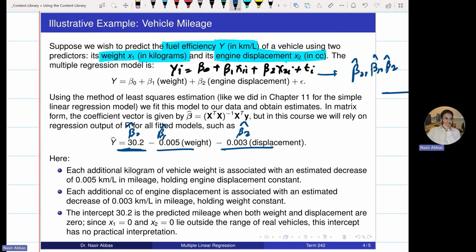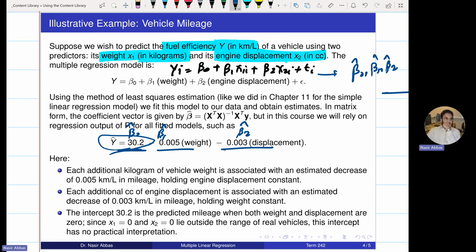What about the intercept? About the intercept, 30.2 is the predicted value of y when weight and displacement are 0. Can you have a car which has a 0 weight? So what will you say about this quantity 30.2? It has no meaning, no interpretation.